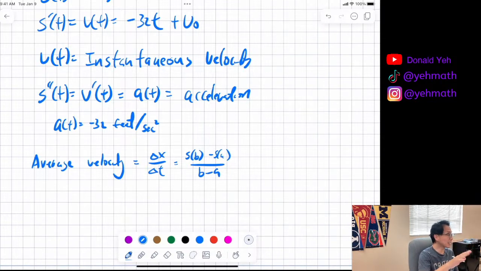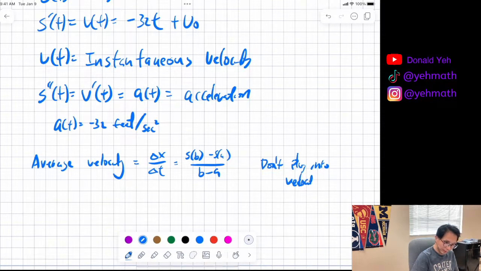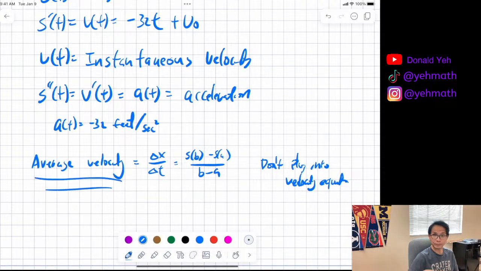No, you do not plug into the velocity equation. That's how you get the wrong answer. It's not v of b minus v of a over b minus a. Average velocity is usually like this.